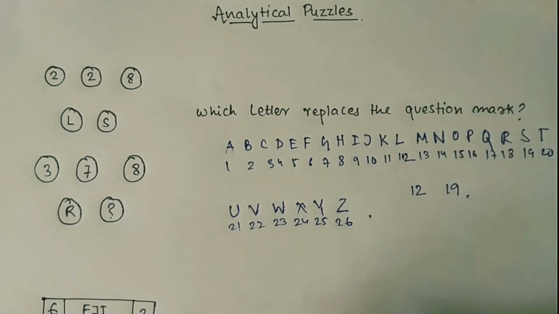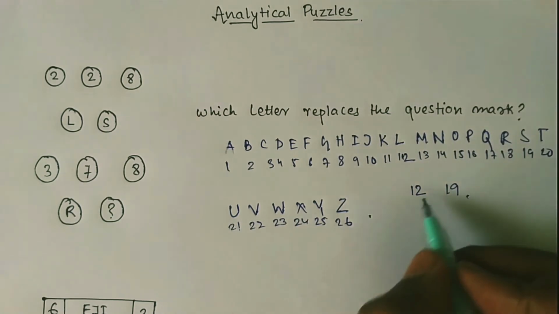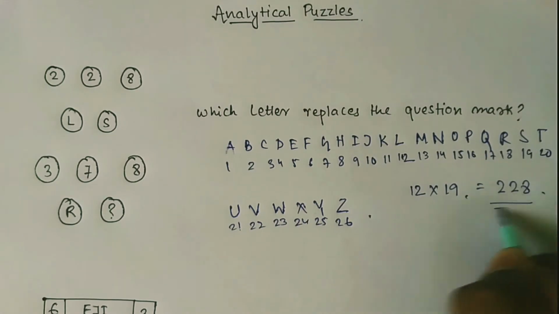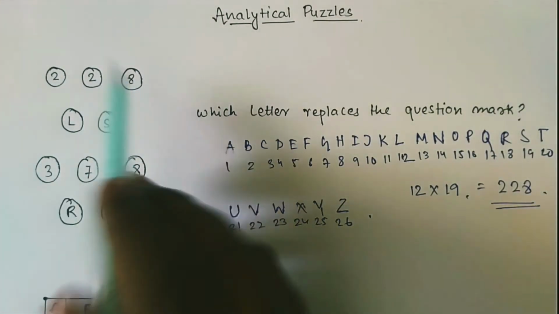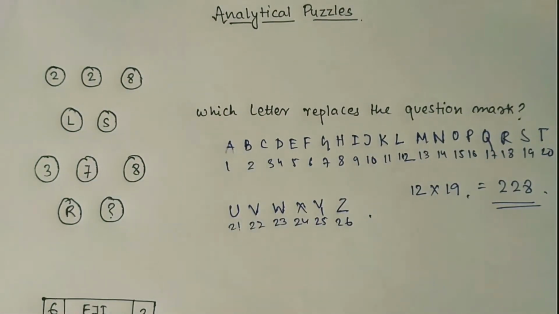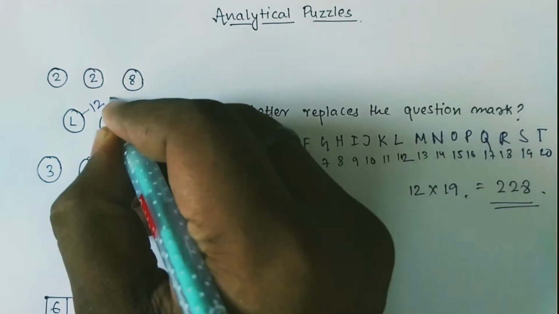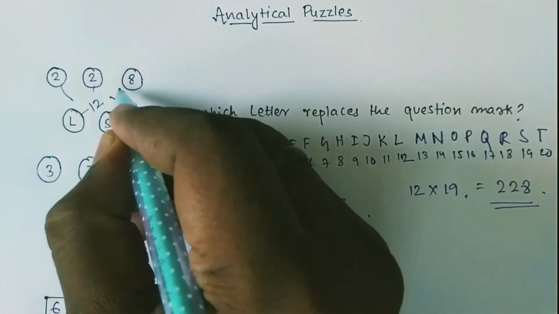Okay, so if we multiply these two numbers, what do we get? 228. Wow, so this 228 is here. So we have found the pattern that by multiplying the numerical values of L and S, we get this three-digit number.